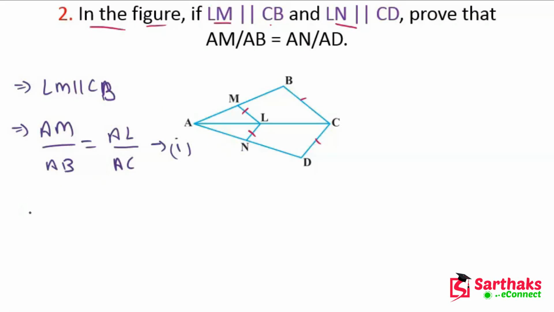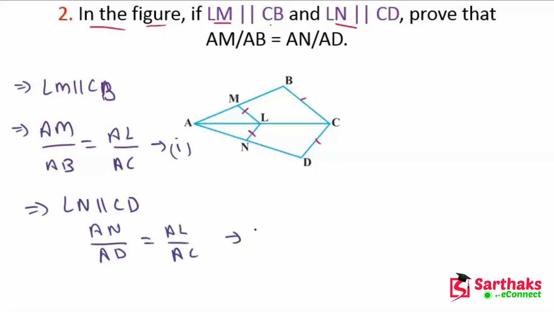Now the second condition is we have LN which is parallel to CD. In this case we can write AN upon AD is equal to AL upon AC, again by theorem 1, and this is our second equation.